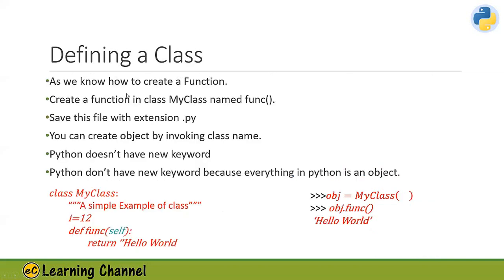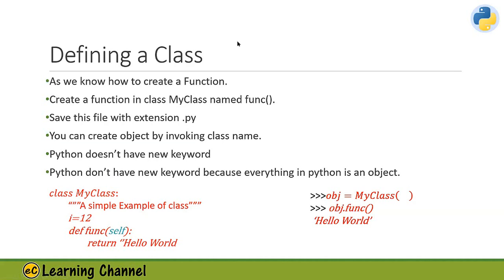So to define a class, you write class and the class name, and you can add a quoted string, which creates comments. This one is a useless command. And you can write i equals 12. I equals 12 under the class would be a class variable or static variable, not an instance variable.